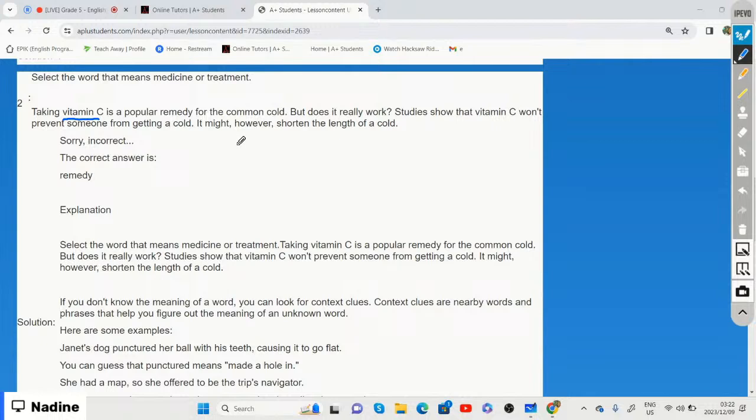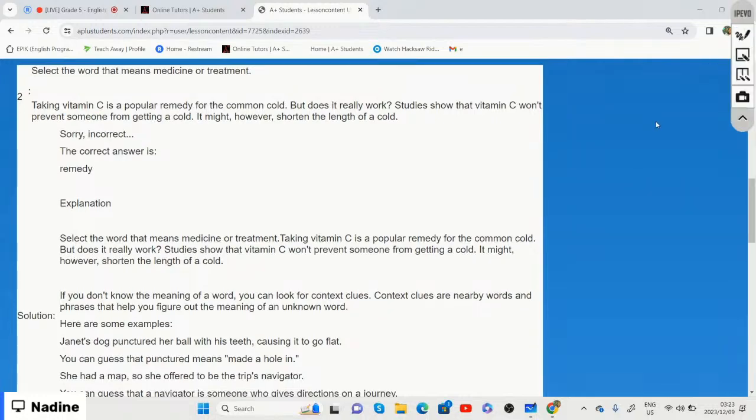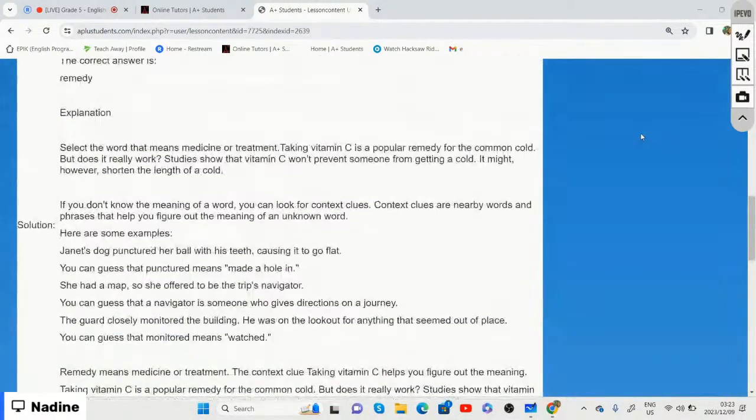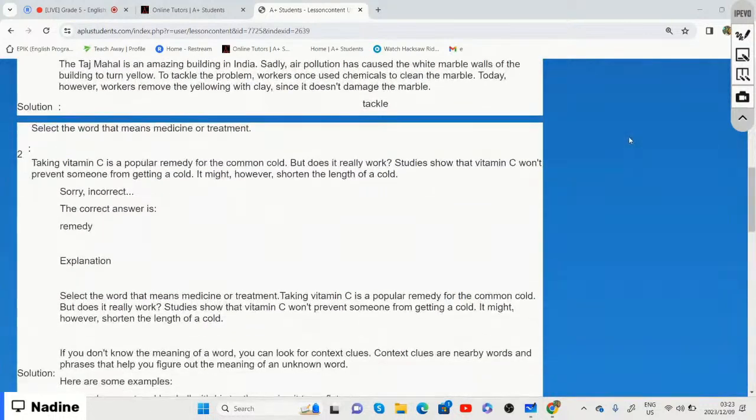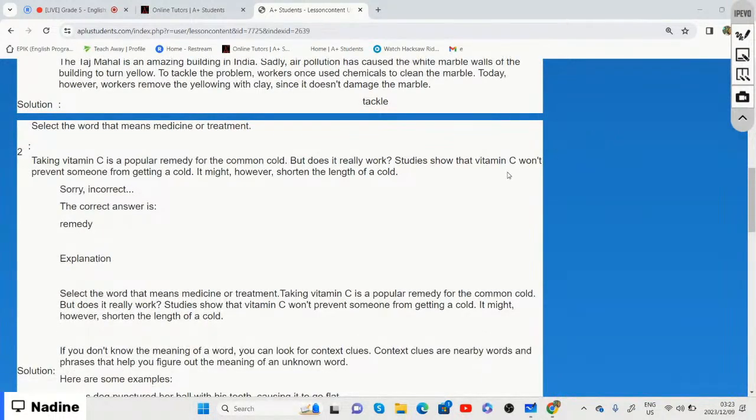because it's treating the common cold. And like they say, it does not remove the common cold, but it just shortens the length of how long you have the cold. Even if we look at the word remedy, yes, it's a popular remedy for the common cold.